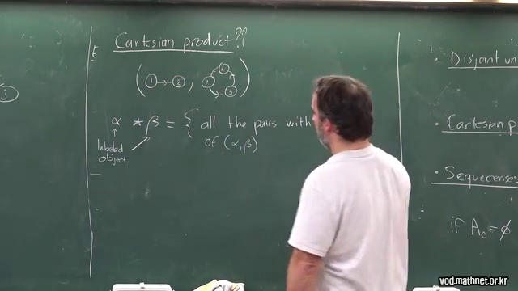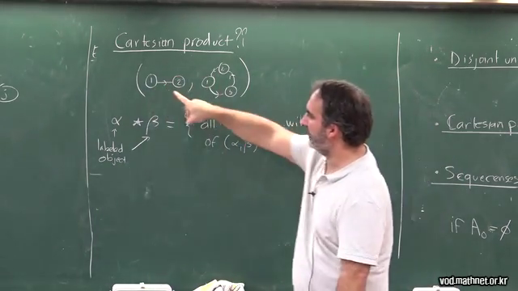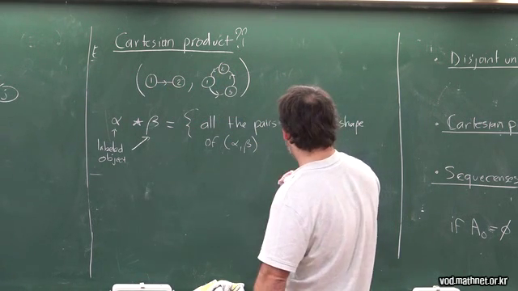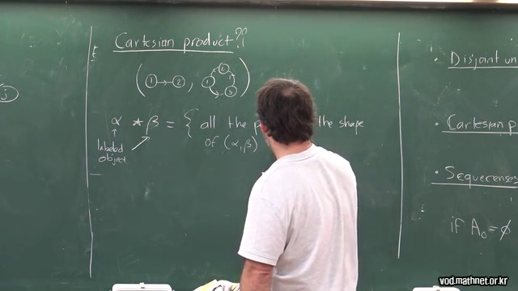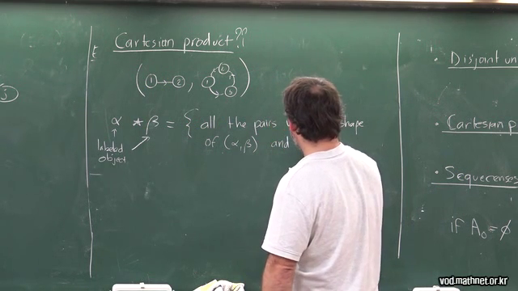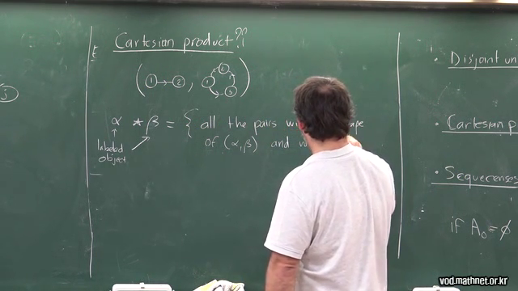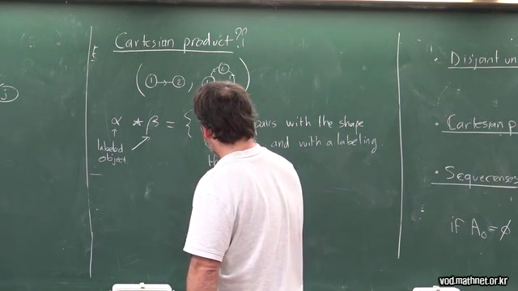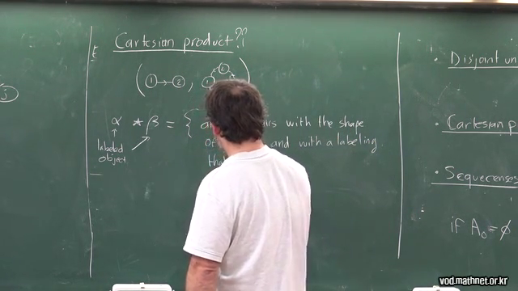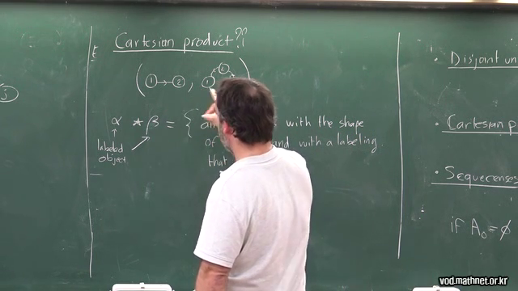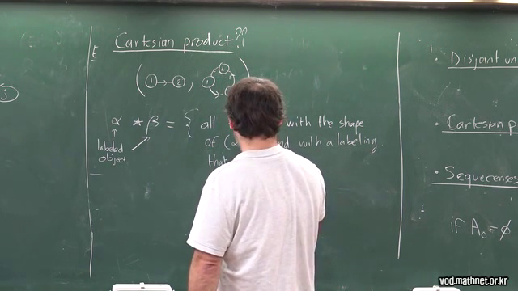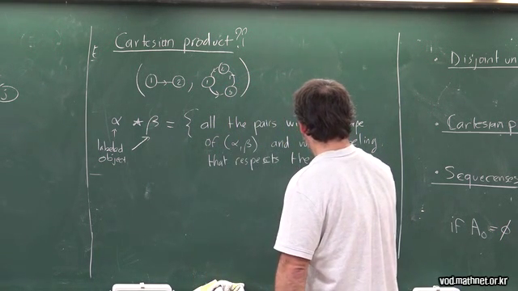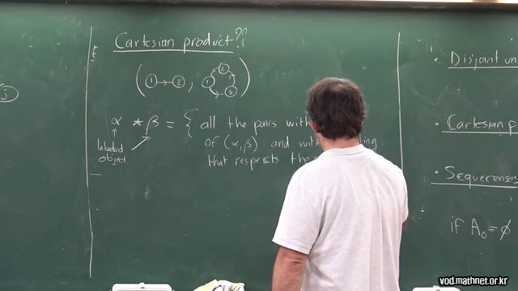By shape I mean if you remove the labels, you should have this shape, a sequence of length 2 and a cycle, and with a labeling that respects the order on both alpha and beta.